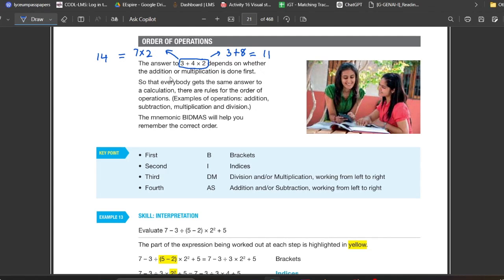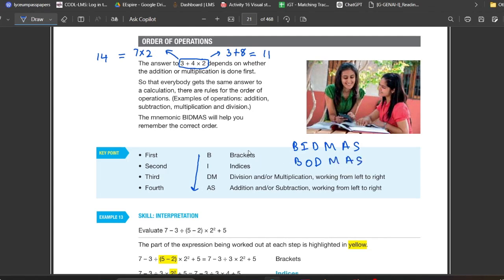So there is an order to determine what to do first. This is the order that we follow. It can be remembered as BIDMAS, or otherwise you have heard this before as BODMAS. Those two are similar.